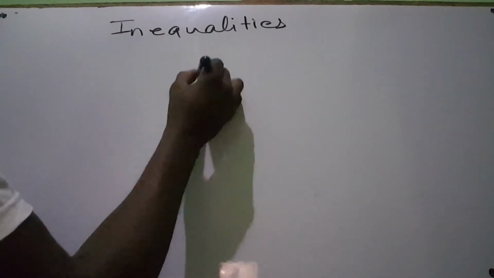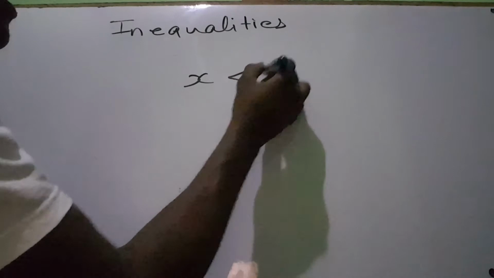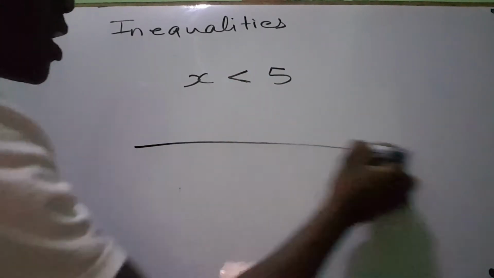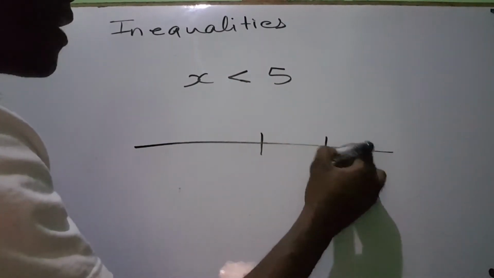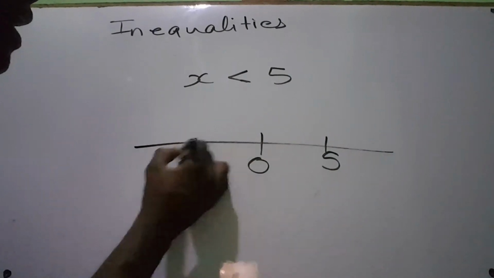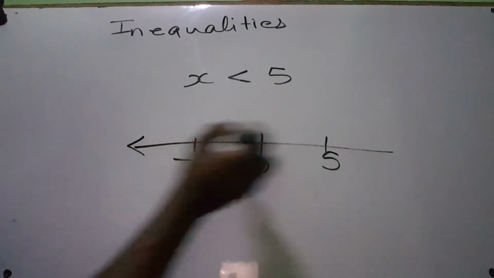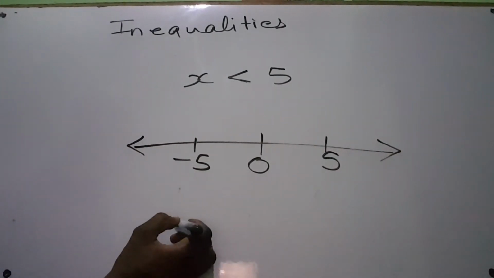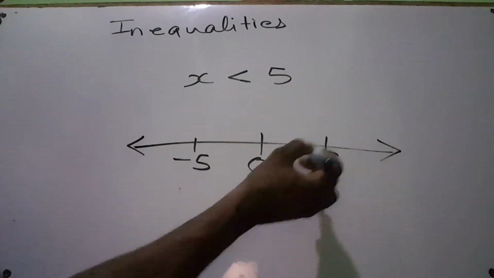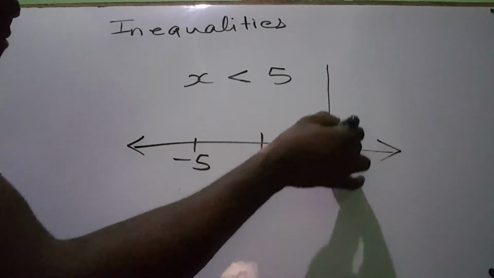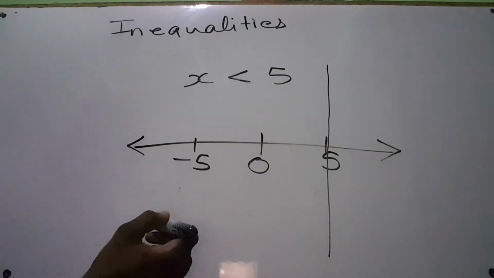Now, if we say x is less than 5, on my number line, here is 5, here is 0, and then I have -5 on that side, and it goes on like that. Now, my marker is at 5, right?